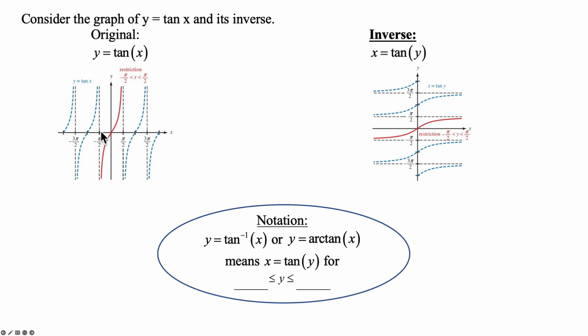But if we're just going to go y equals tangent of x, we get the rest of all those iterations. If we go x equals tangent of y, then you get all those extra iterations going vertical here. But once you say y equals inverse tangent of x, then it's just the one in red with the restriction.